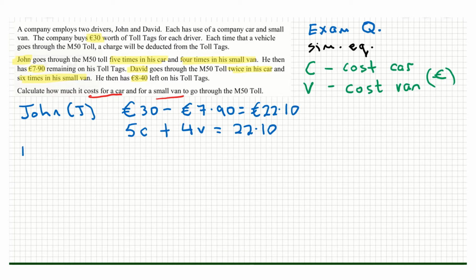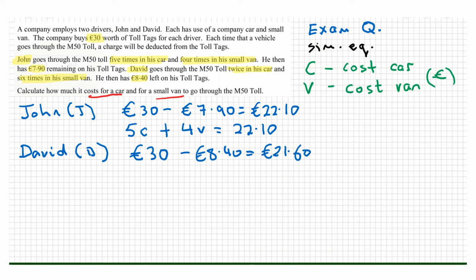Next we're looking at David, which will be D for short. Let's look at his money first. So he has €30 on his toll tag as well, and he has €8.40 remaining. So that means that David spent €21.60 on the toll.